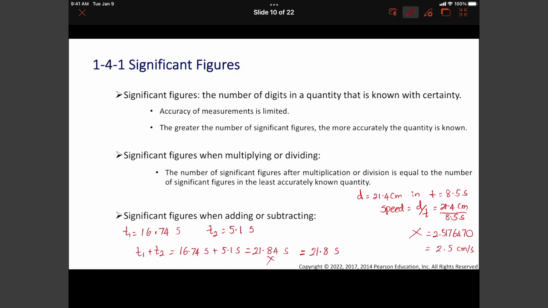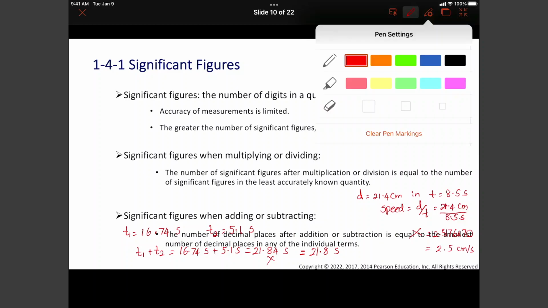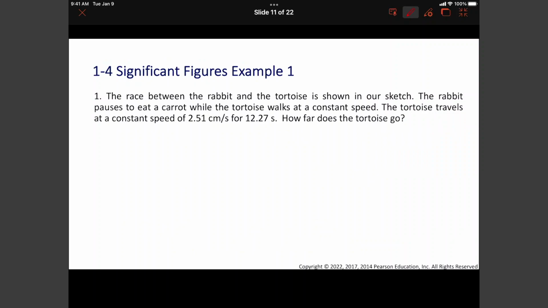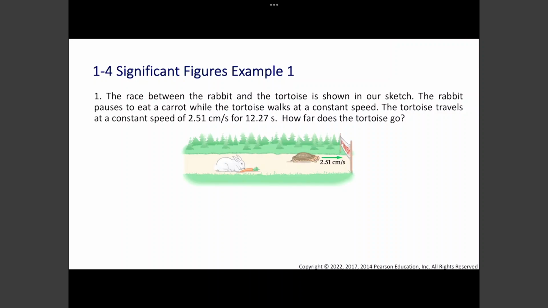Let's look at another example. I will clear the pen markings. So there's a race between a rabbit and a tortoise, as shown in the sketch.